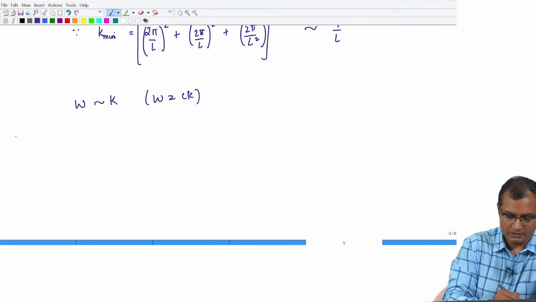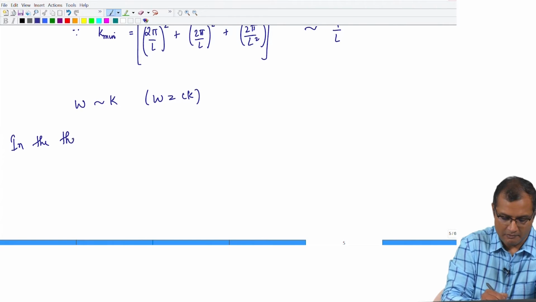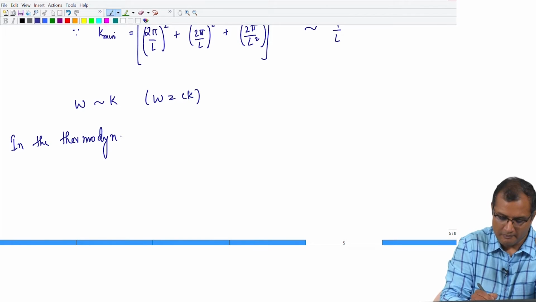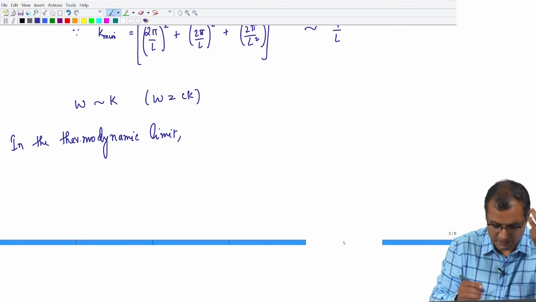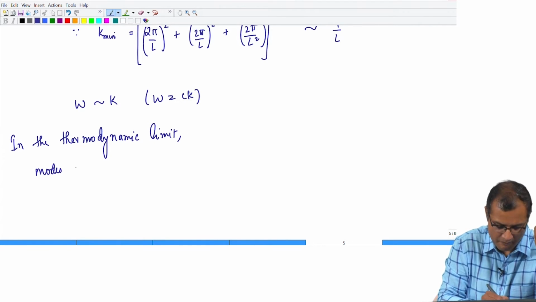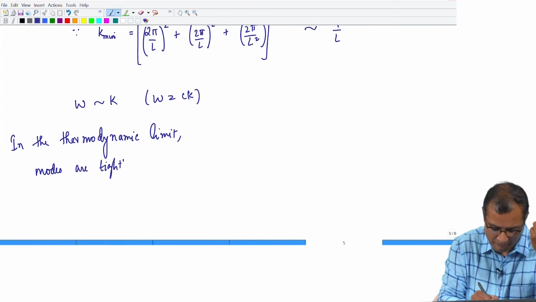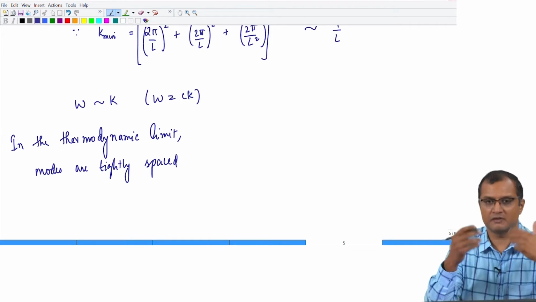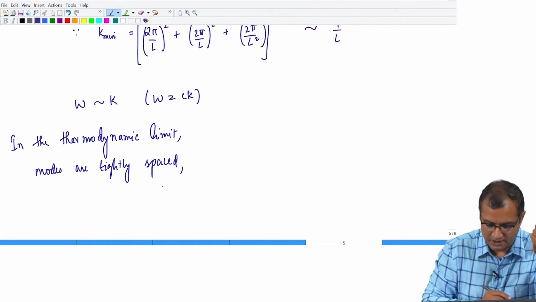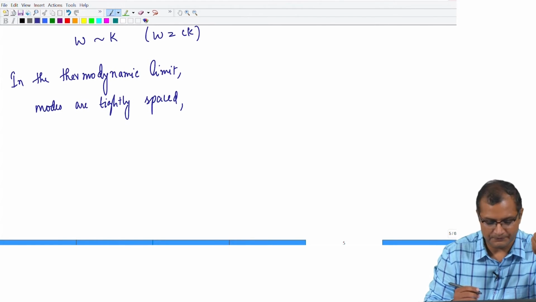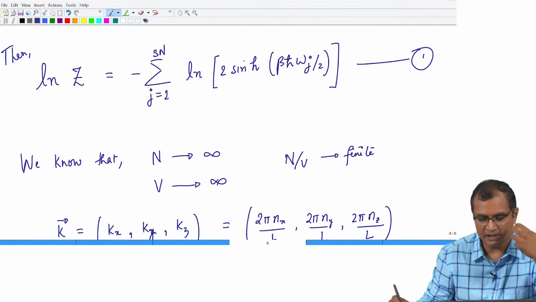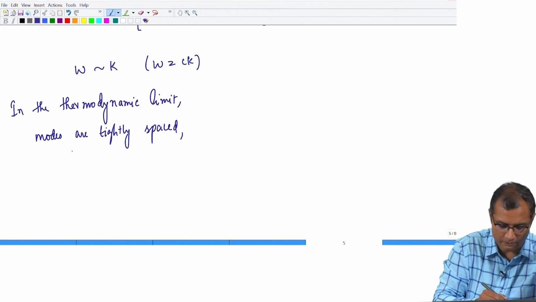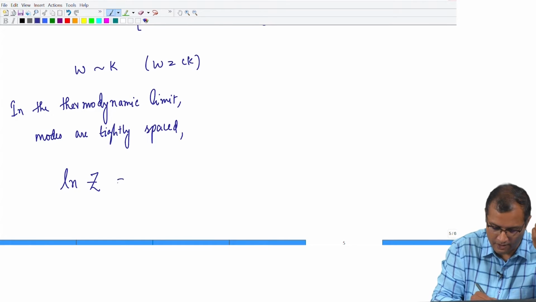So, in the thermodynamic limit, as modes are more and more and they are tightly spaced, because of the arguments that just preceded, it makes good sense if I write down my ln z as an integral.